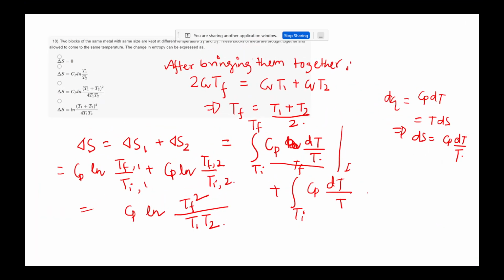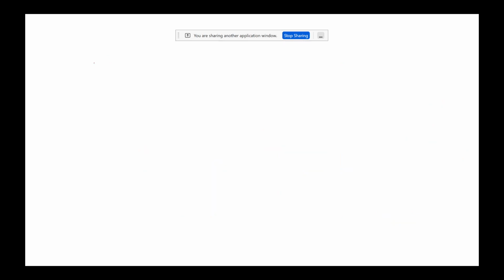So from here you know that Tf is (T1 plus T2) by 2. Now if you substitute it, then delta S will be Cp ln Tf squared by T1 times T2.